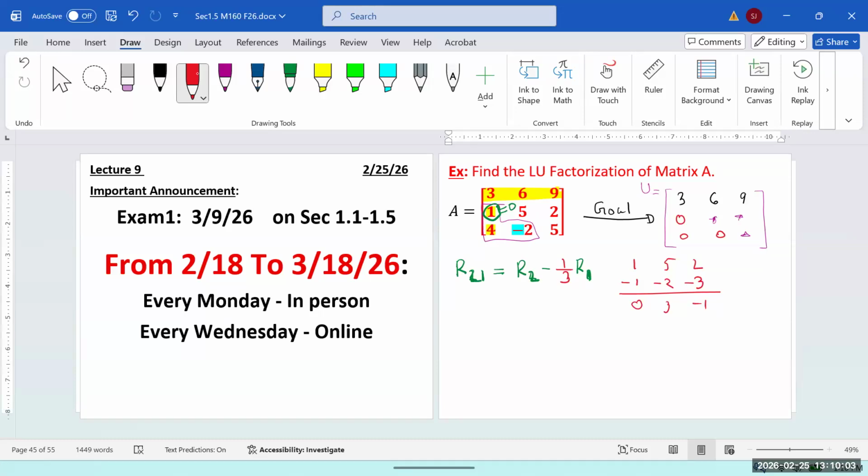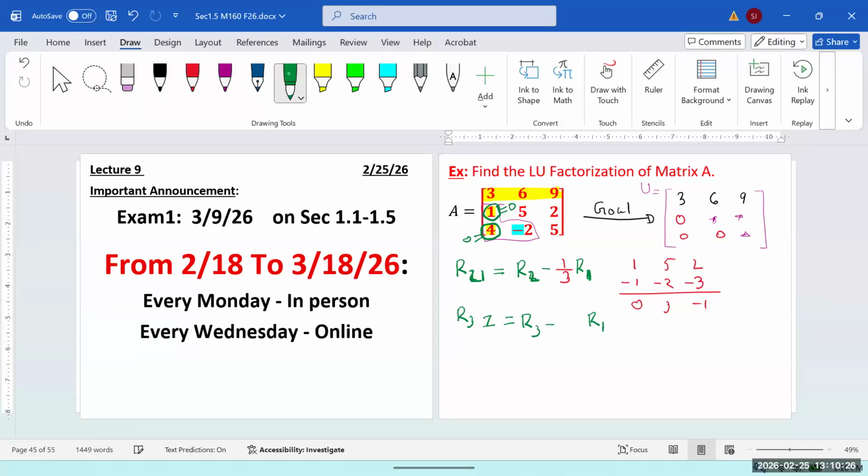We can change our third row at the same time. We want to make this 0. This position is row number 3, column number 1. So we need to use row 3 minus some constant times row 1.